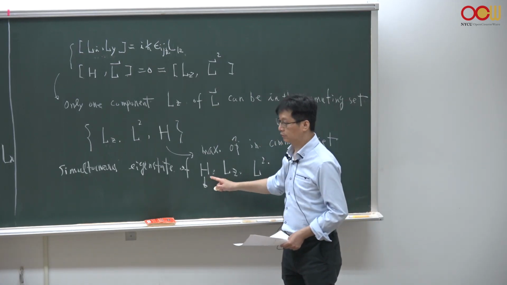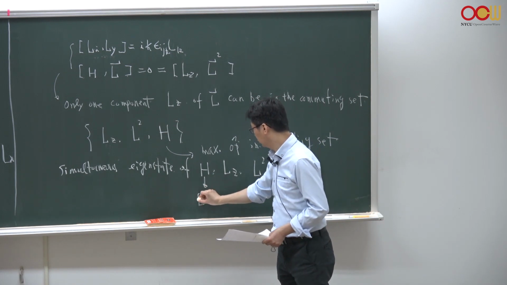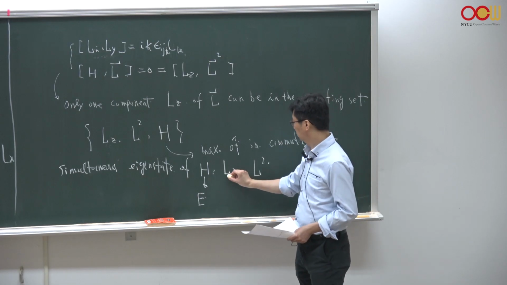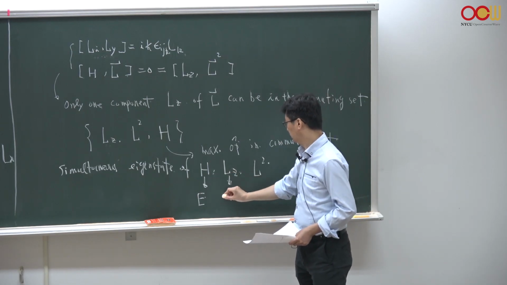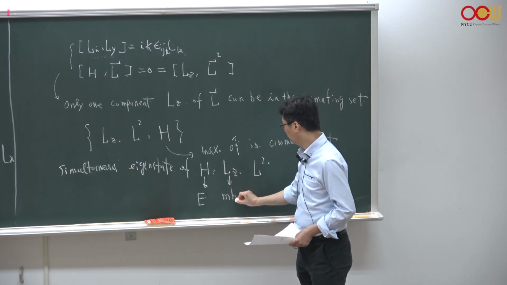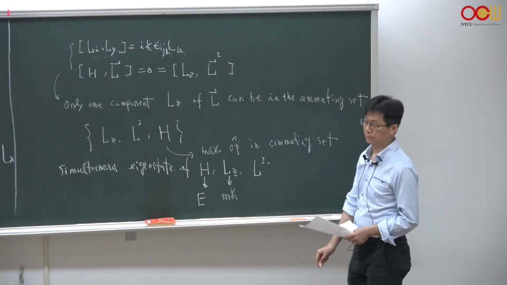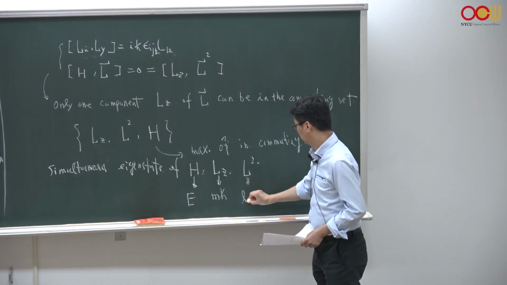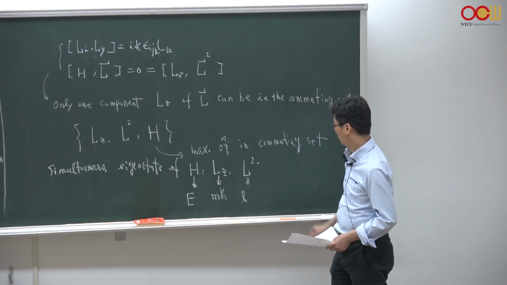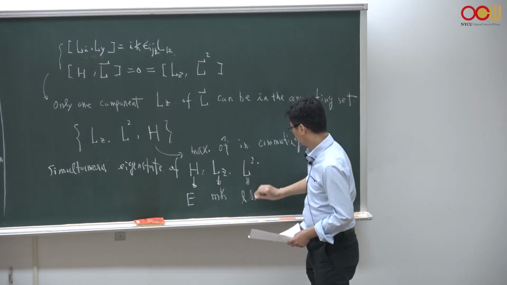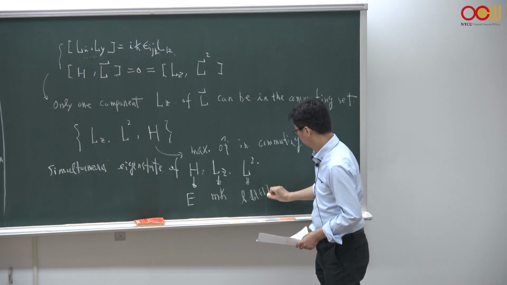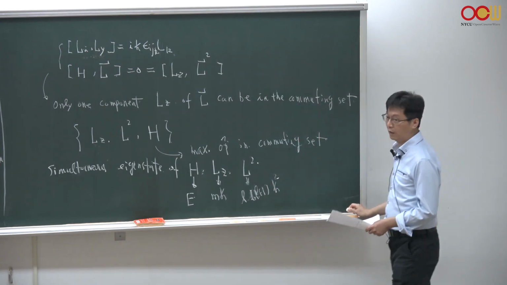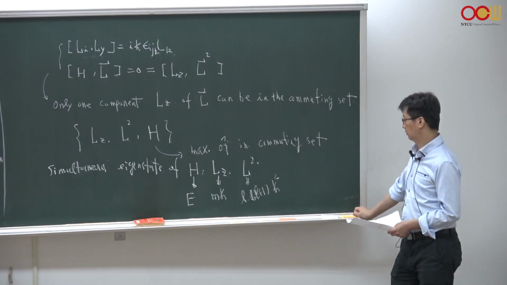The eigenvalue for the Hamiltonian is the eigenenergy E, and the eigenvalue for Lz, we will see, is m times h bar, where m is an integer. What about L squared? You get little l times (l plus 1) h bar squared, where l is again some integer value.